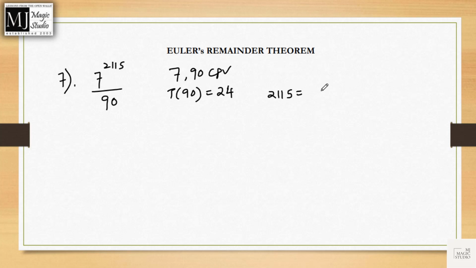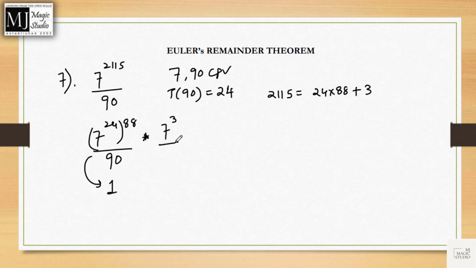And 2115 is actually 24 into 88, that is 2112, plus 3. So this would be written as (7 to the power 24) whole to the power 88 into 7 to the power 3. The first part when divided by 90 will leave remainder 1.